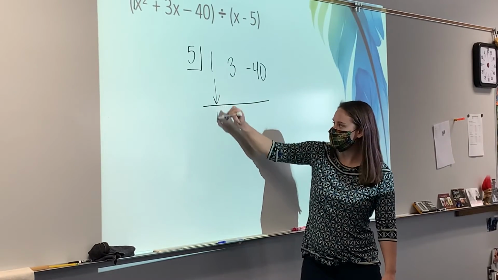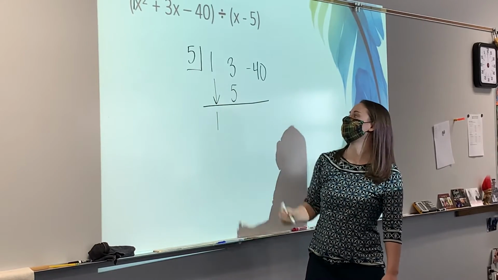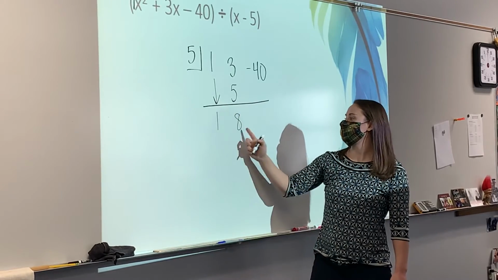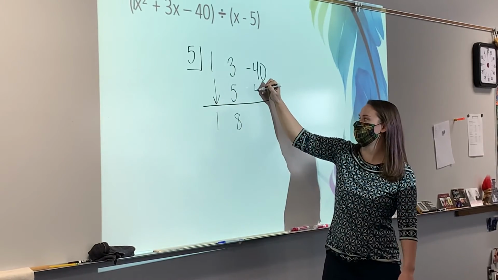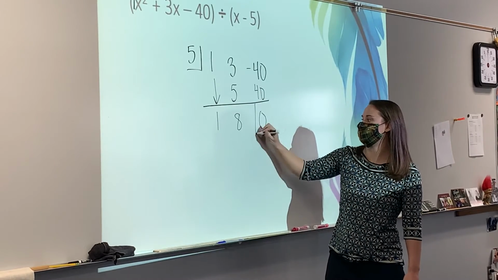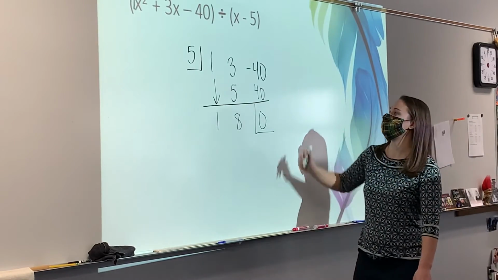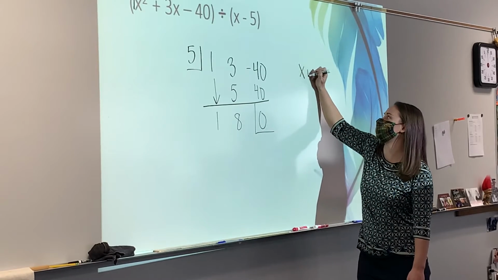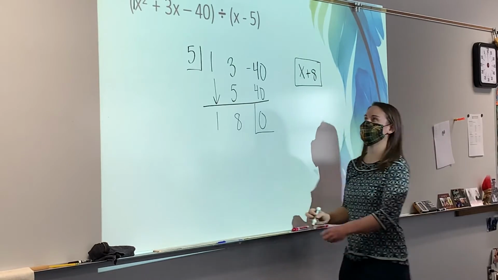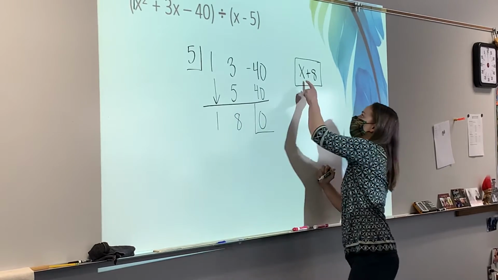Drop down the 1. 1 times 5 is 5. 3 plus 5 is 8. 8 times 5 is 40. Negative 40 plus 40 is 0. So this one has no remainder. So my final answer is going to be an x plus 8. Because I'm going 1 degree less than the 2, and that'll be an x. 1x plus 8.